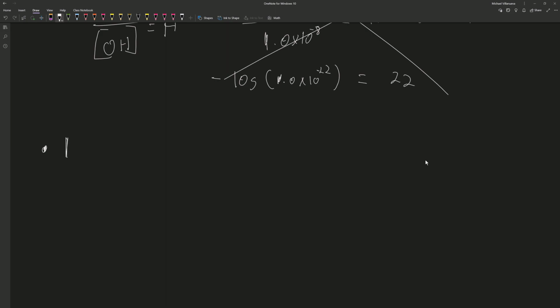So first, we know that H2O will undergo something known as autoionization to form H plus and OH minus.